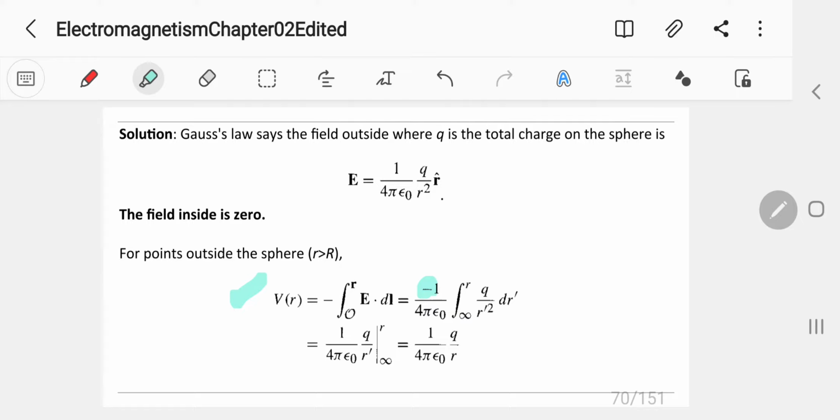When you evaluate it at r, it gives you 1 over 4 pi epsilon sub O, q over r, and if you evaluate it at infinity, it gives you 0. So the whole thing, your V(r), is just equal to 1 over 4 pi epsilon sub O, q over r.